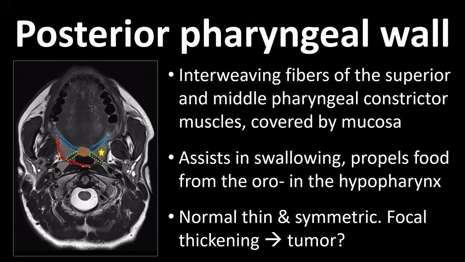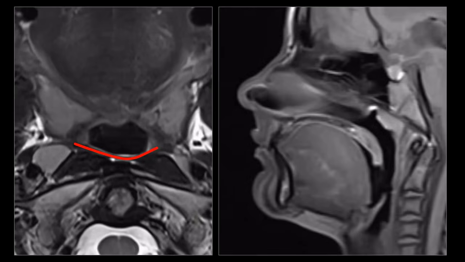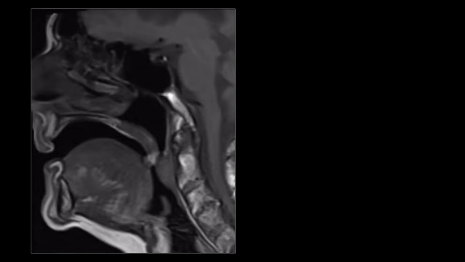And normally it's very, very smooth and thin. As you can see on these extremely magnified images, this is the posterior oropharyngeal wall. So a very thin T2 hypointense layer covered by mucosa. And this is on a sagittal T1 weighted image, so we see a very thin layer of tissue over here. Tumors here are, well, it's the least frequently involved subsite for oropharyngeal tumors, but not impossible.